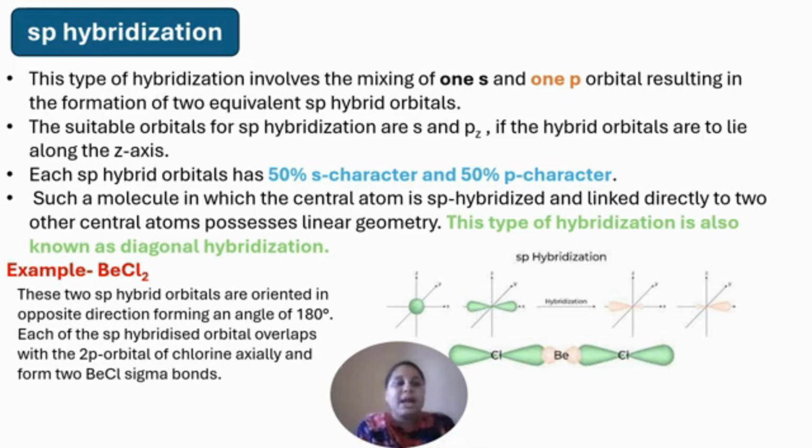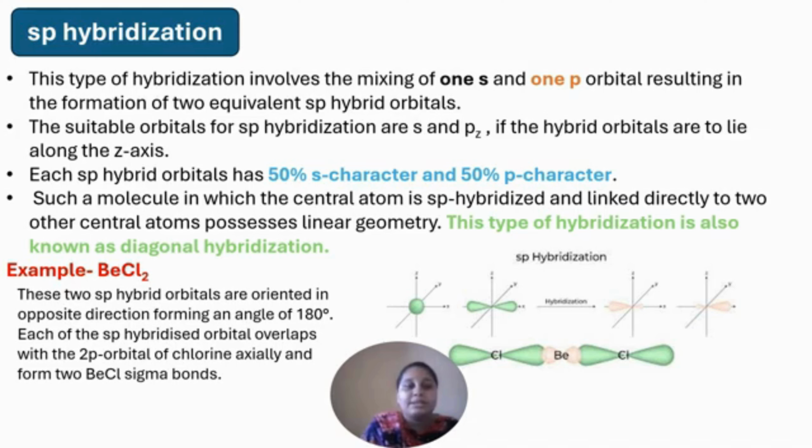Each sp hybrid orbital has 50% s character and 50% p character. A molecule in which the central atom is sp hybridized and linked directly to other atoms possesses linear geometry.